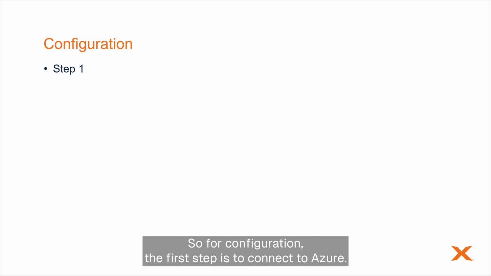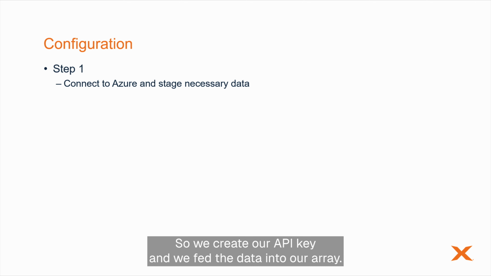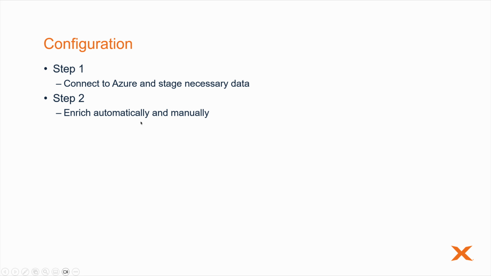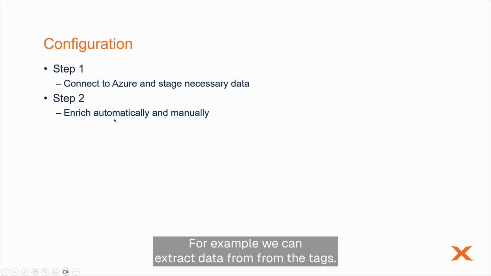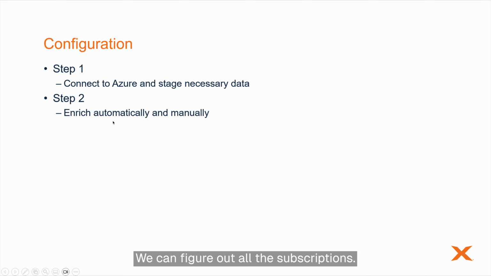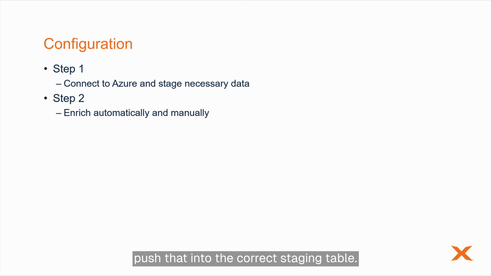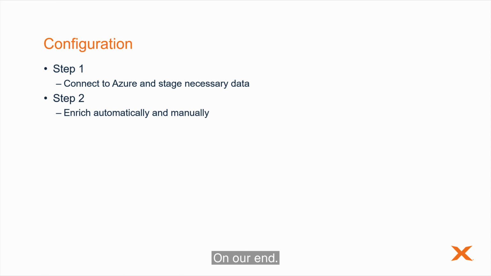As for configuration, the first step is to connect to Azure. So we create an API key and we fetch the data into our area. Step 2 is to enrich, both automatically and manually. For example, we can extract data from the tags. We can figure out all the subscriptions, and we get everything that we can do automatically and push that into the correct staging table on our end.